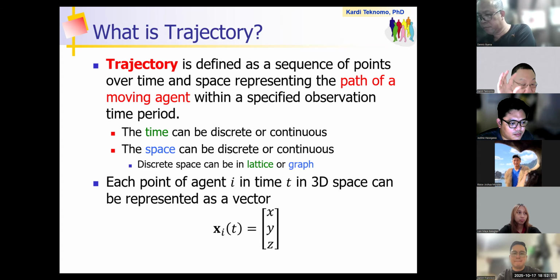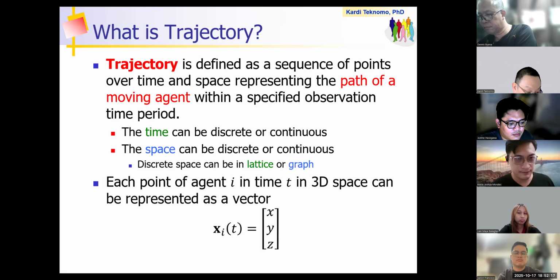So if you can define the nodes and the agents, then you create a trajectory. Once you have the trajectory, you analyze based on trajectory methods, and suddenly things are different.